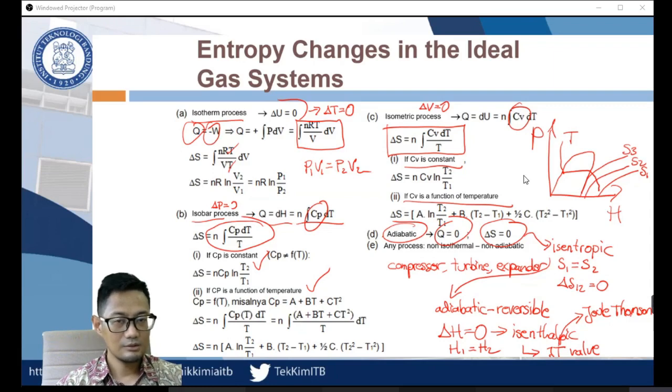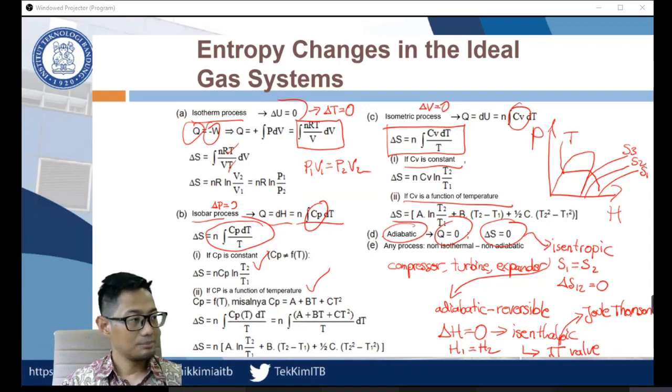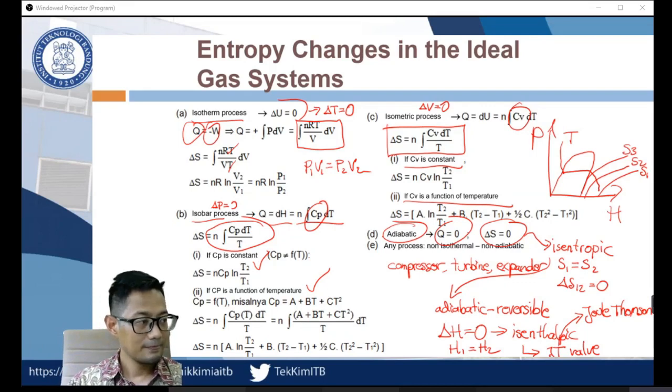Okay, so now at least you know the basic idea about entropy changes. Up to this point, any question? What the definition of entropy is, how to calculate entropy for each thermodynamic process.